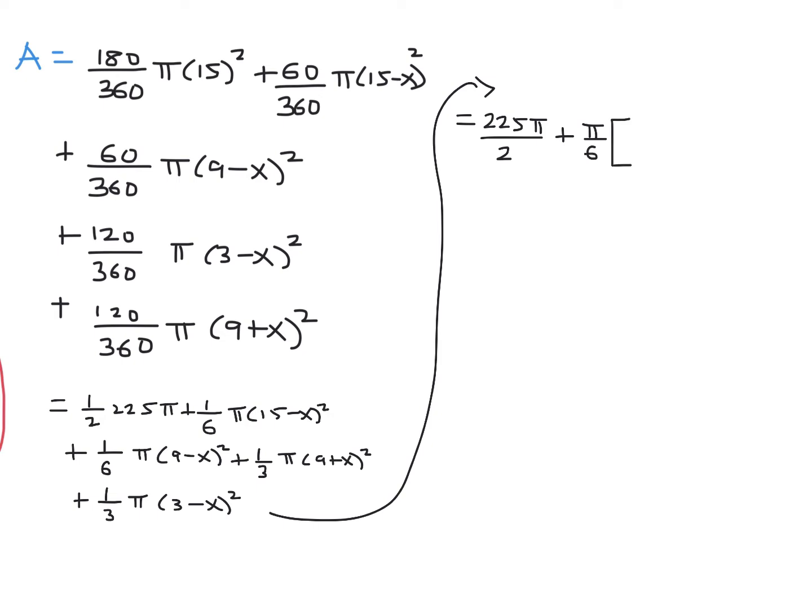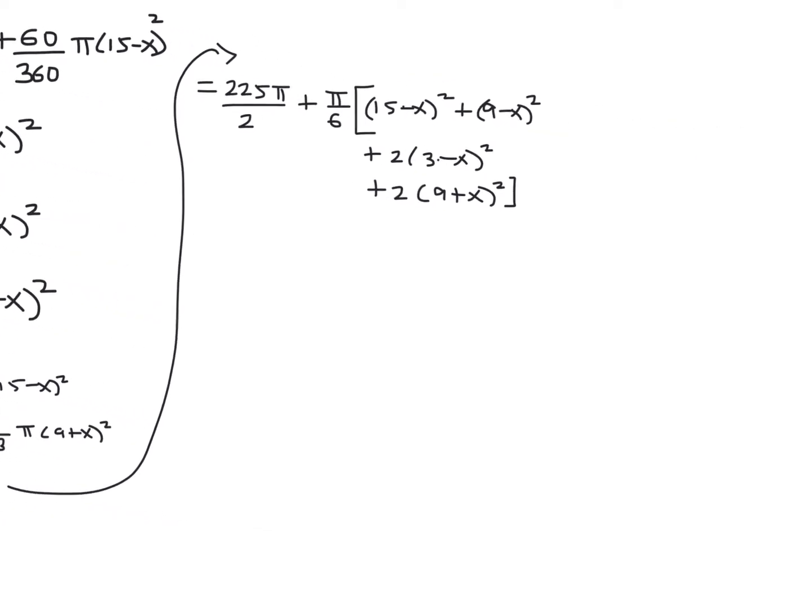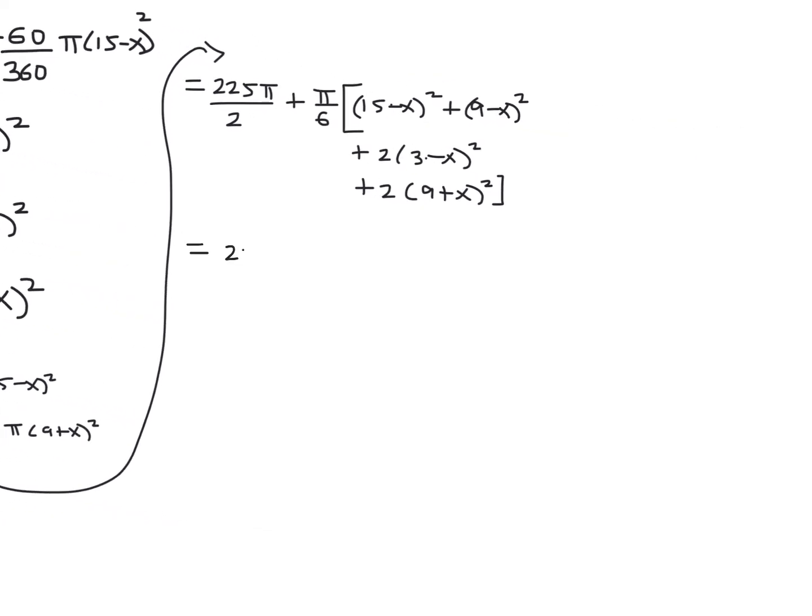And if I do, I'll have 15 minus x squared plus 9 minus x squared plus 2 times 3 minus x squared plus 2 times 9 plus x squared. Okay. Yeah, that is how this is going to proceed. Okay, good. So now let's do all the numbers here.